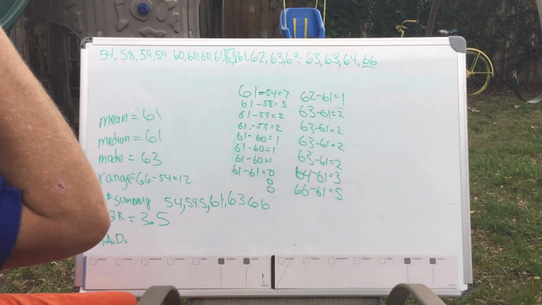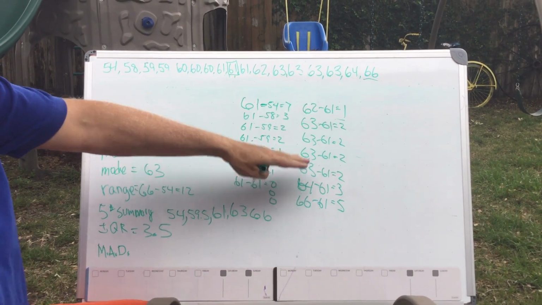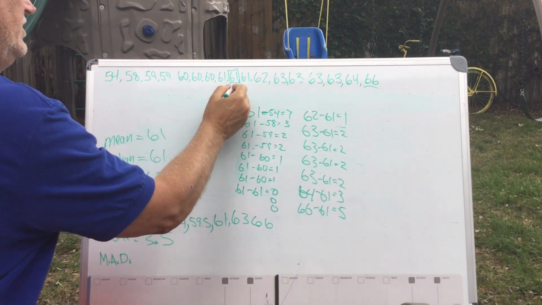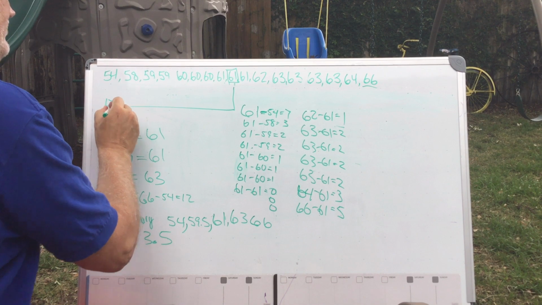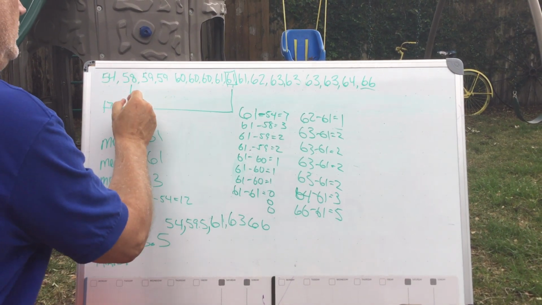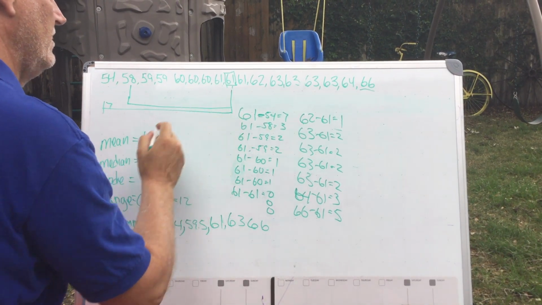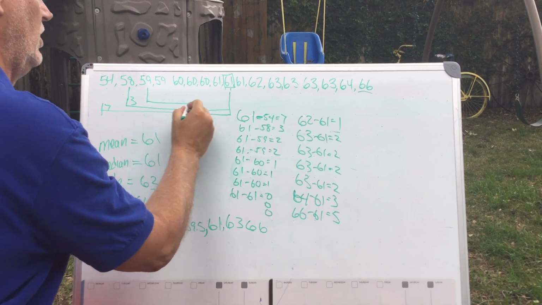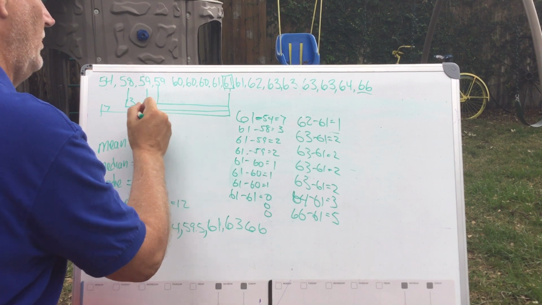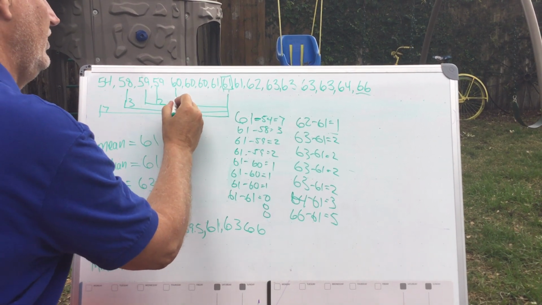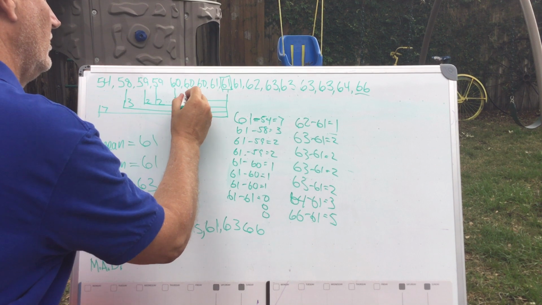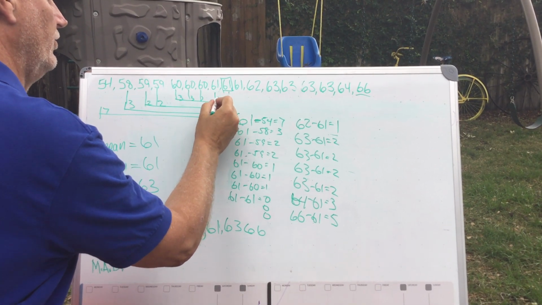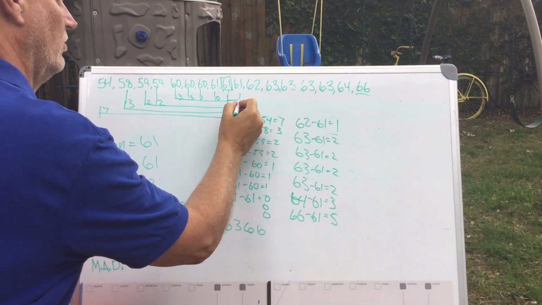So if we were to put this on the number line, we would see that this number right here is 7 units away. This number here is 3 units away. These two numbers are both 2 units away, and these are all 3 units away, and this is 0 units away, and this is 0 units away.